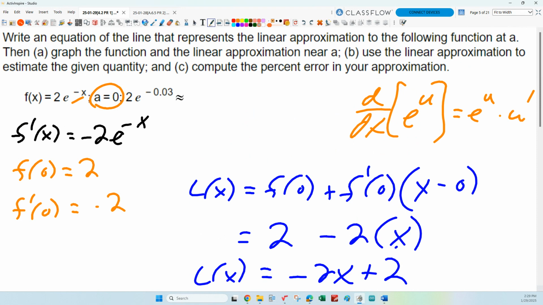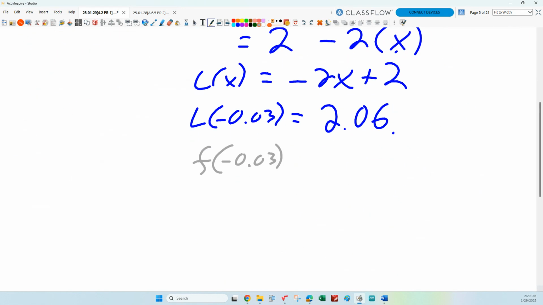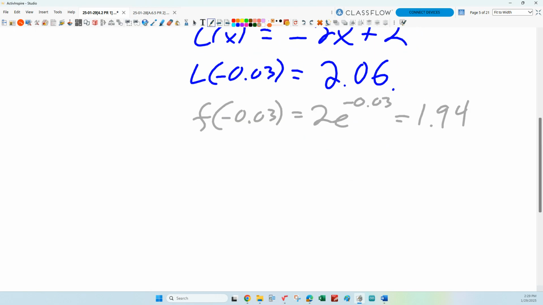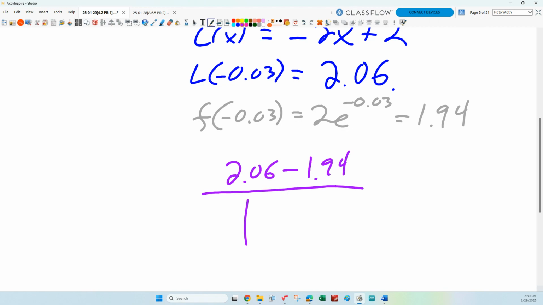So if f of x is 2e to the negative x, then 2e to the negative 0.03. We need a calculator for that. What's that equal to? 1.94. So then how would I find the percent error? Good. 2.06 minus 1.94 over the absolute value of 1.94.